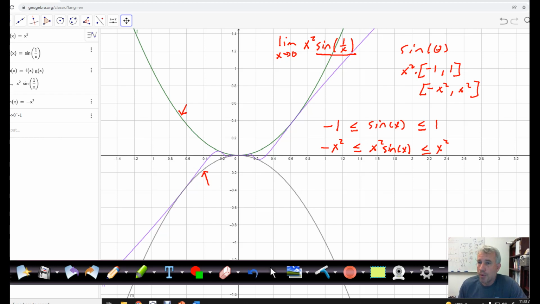So the next thing that we want to do is find the limit for x squared. And what we want to recognize is that if we're taking the limit as x goes to 0 of either plus or minus x squared, it doesn't matter. We know that x squared is just a parabola, and we know that the domain of x squared is any real number. It goes from -infinity to infinity.